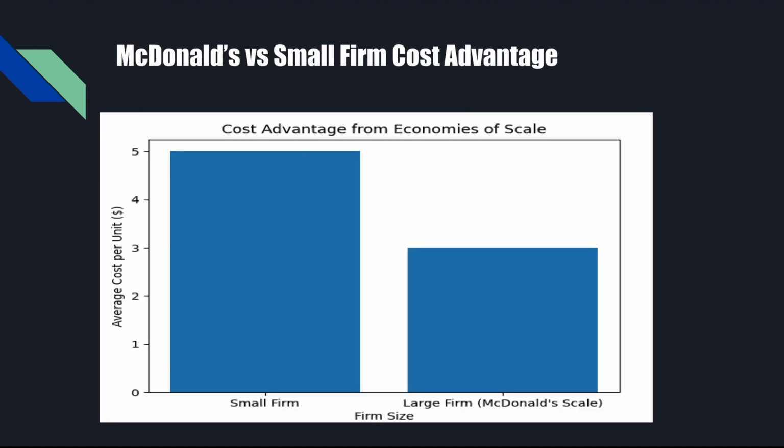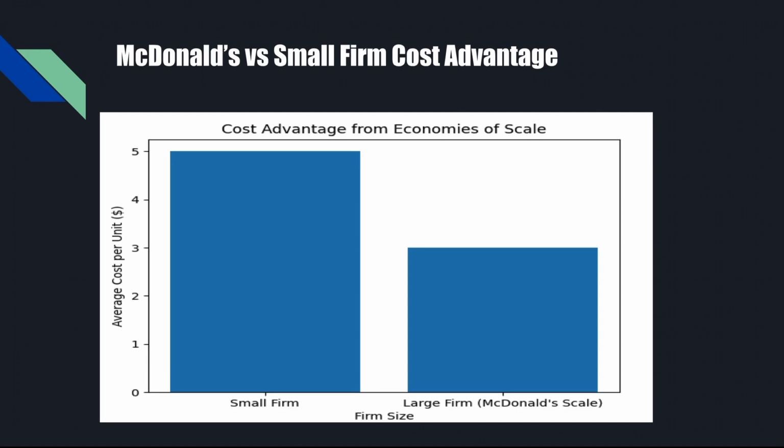So next, on the McDonald's versus small firm cost advantage graph, we see the horizontal axis represents the firm size, while the vertical axis represents the average cost per unit. This graph shows that the larger firm has a lower average cost than the small firm.